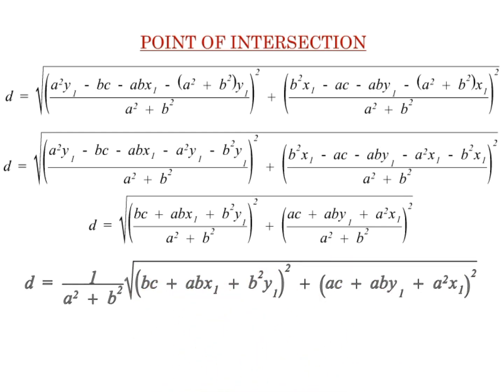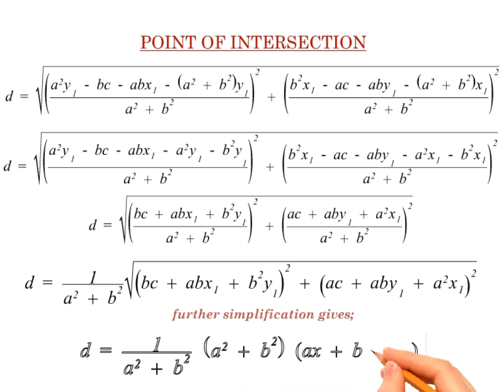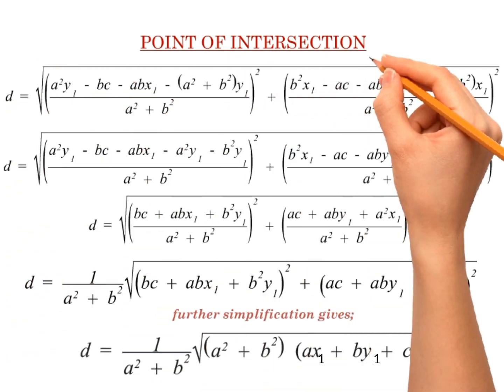Without going into details, this can further be simplified and factorized to give d equals 1 over a square plus b square, times the square root of a square plus b square, times ax1 plus by1 plus c, squared. Further simplification steps follow, as the expression becomes simpler.